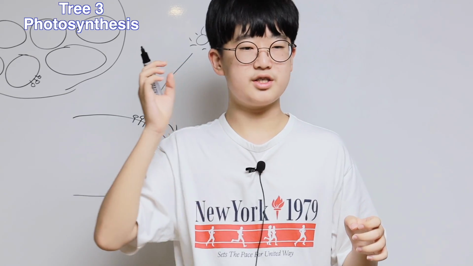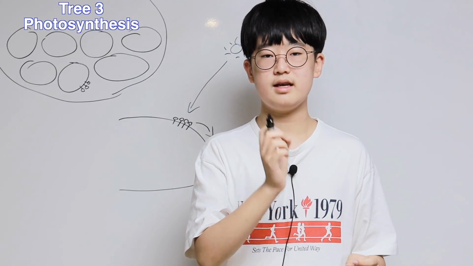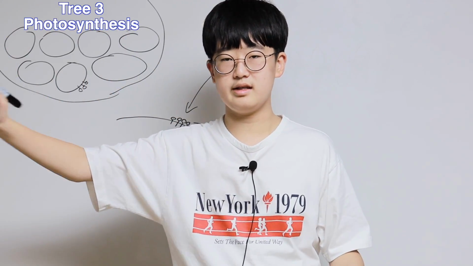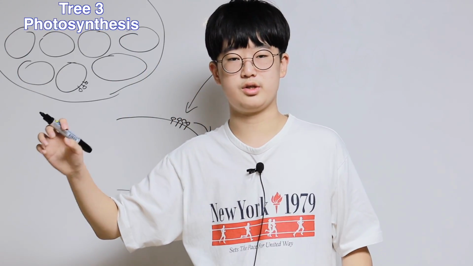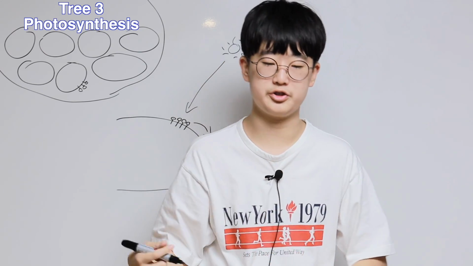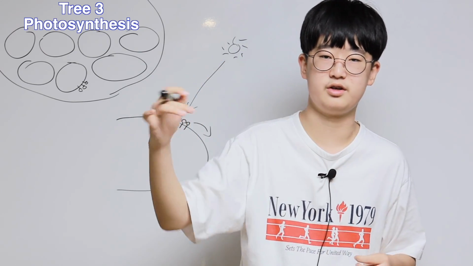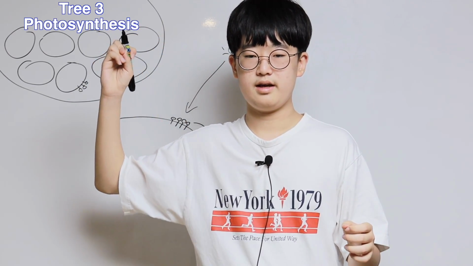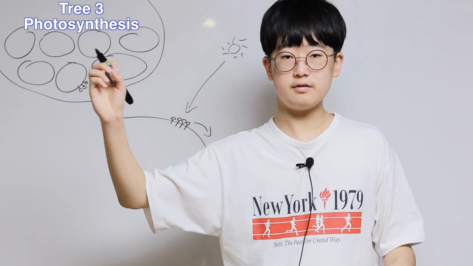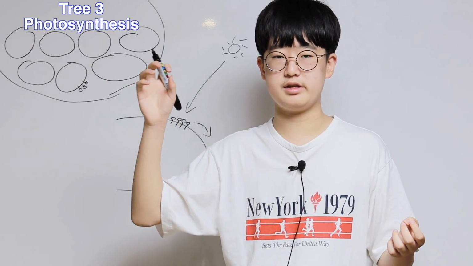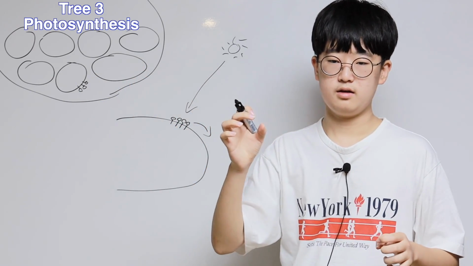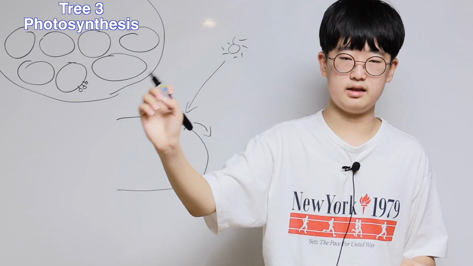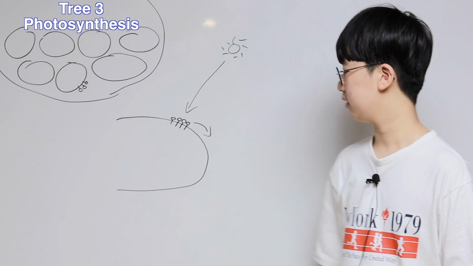This molecule, chlorophyll plus, wants an electron so badly that the pull is so intense that it can pull an electron away from oxygen, which is also very good at pulling electrons from other molecules. It takes an electron from oxygen, which is in water. So basically it takes an electron from a water molecule.